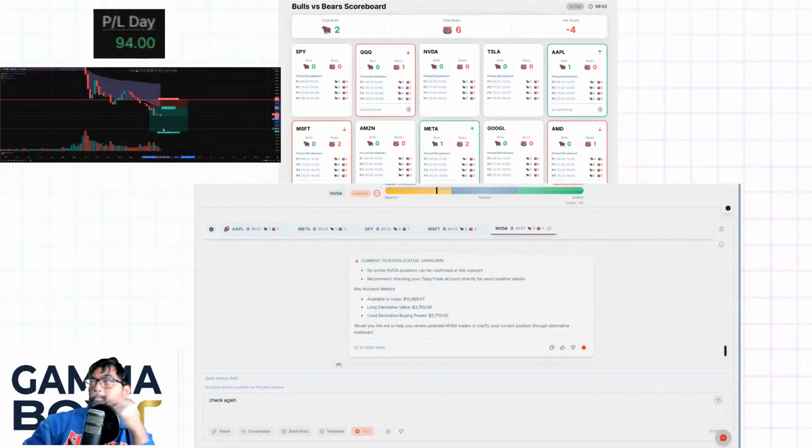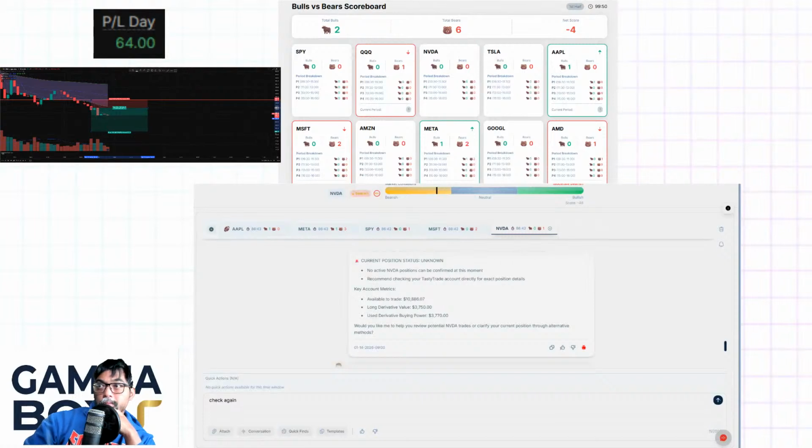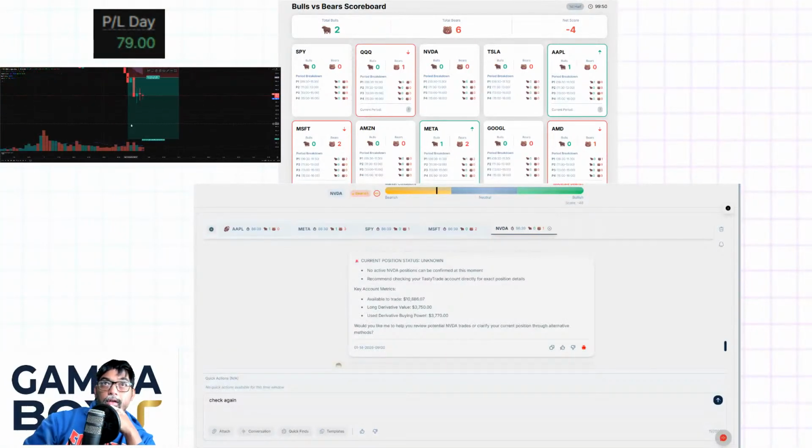Yeah, it's kind of coiling right here, but I think it will eventually take a drop. I'm just watching the volume.